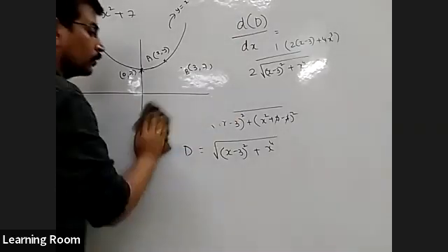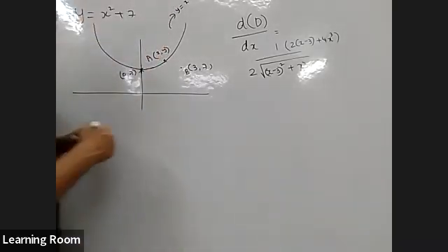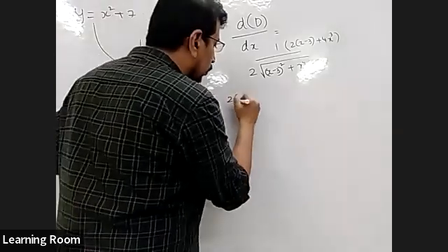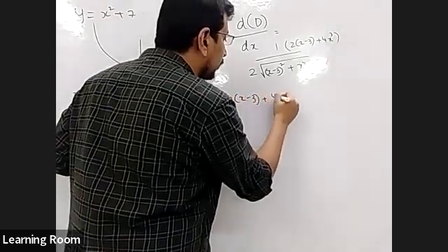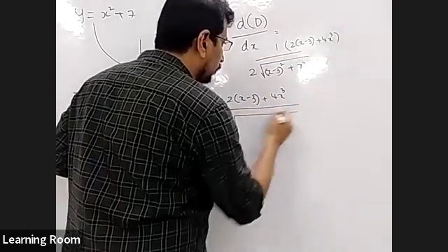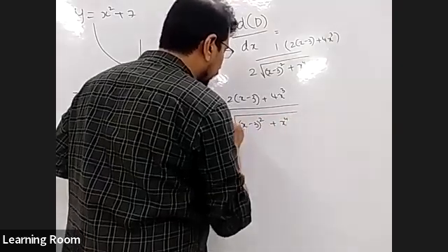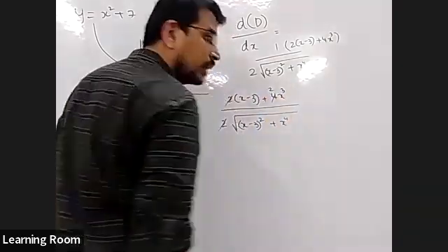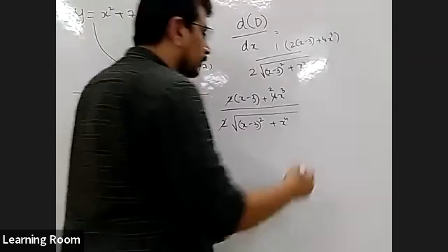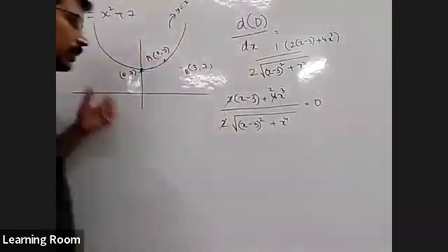Okay, now see. 2 into x minus 3 plus 4x cube divided by 2 into root of x minus 3 the whole square plus x power 4. The 2 will get cancelled. So this thing will be equal to how much? So this is 0.